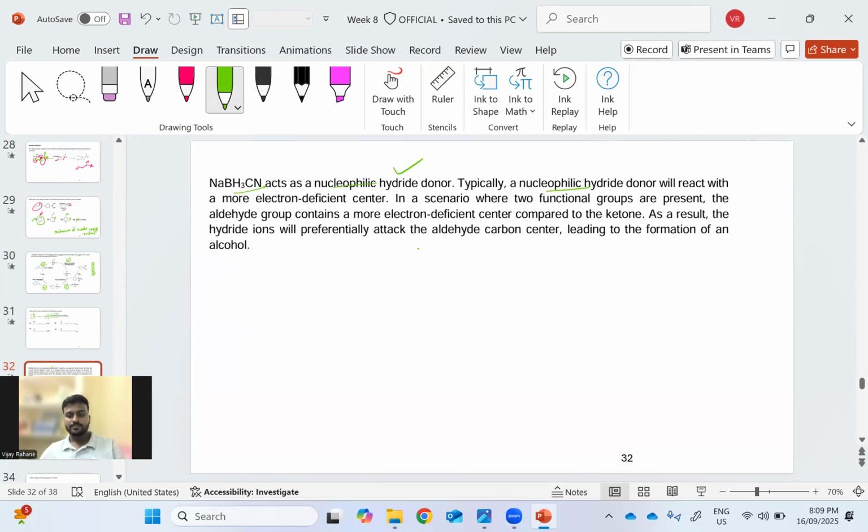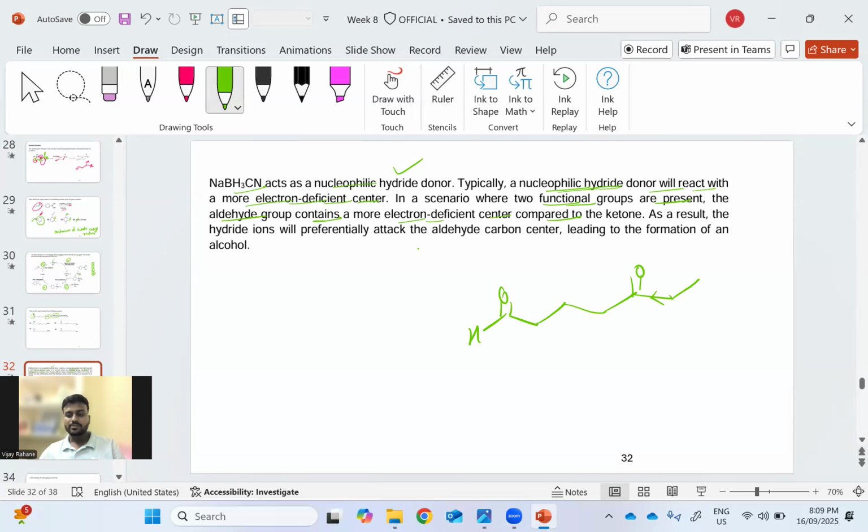This nucleophilic hydride donor reacts with the more electron deficient center. In this scenario, we have two functional groups present. One is the aldehyde group, which contains a more electron deficient carbon center compared to the ketone group. So you have the aldehyde group and, let's say, the ketone group.